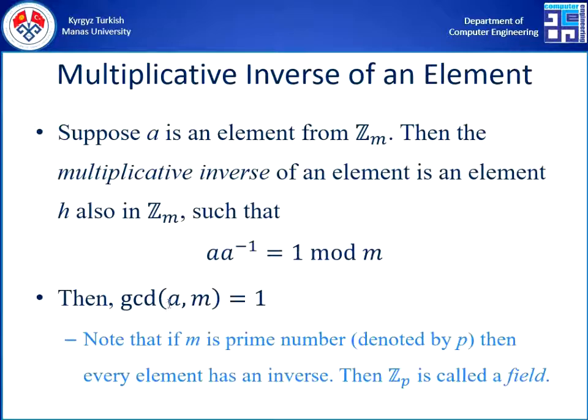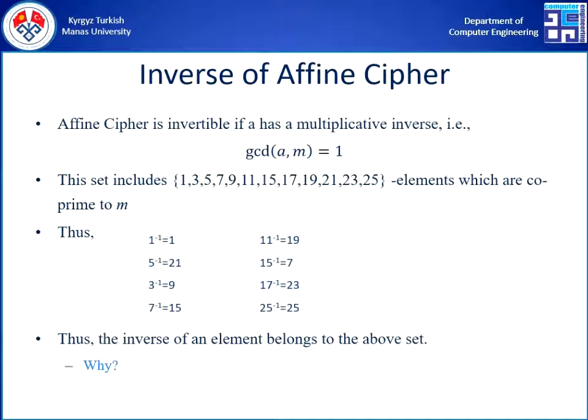In this case, these numbers a and m are called relatively prime numbers. If we go back to our alphabet, which consists of 26 letters, then the set of integers which can have a multiplicative inverse, that is, the set of integers for which the greatest common divisor of the number and the modulus, 26, is equal to 1, is these numbers.